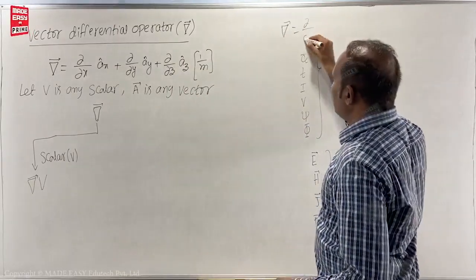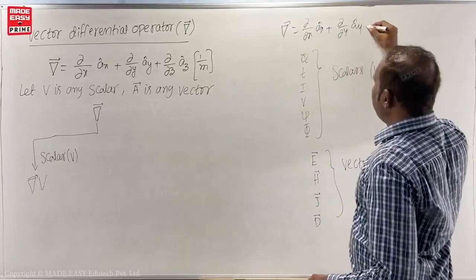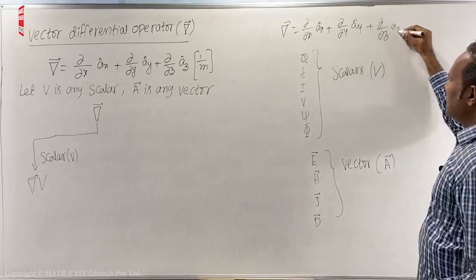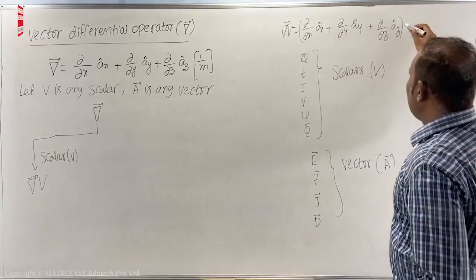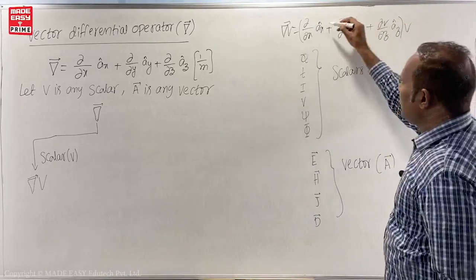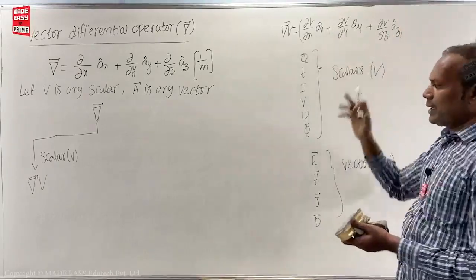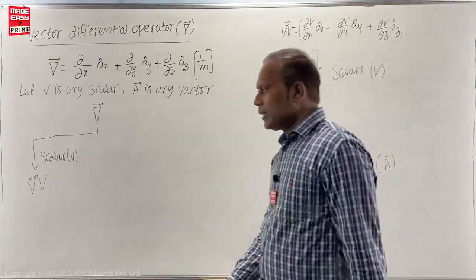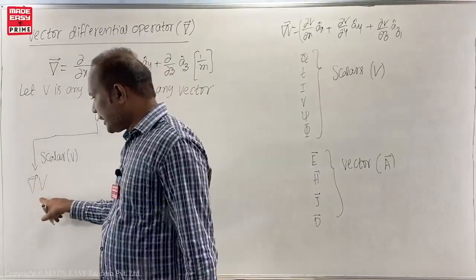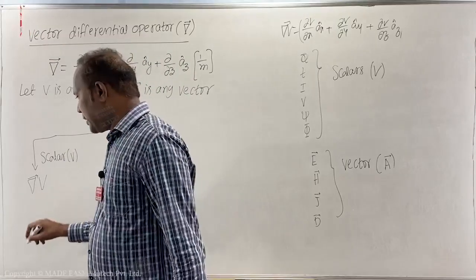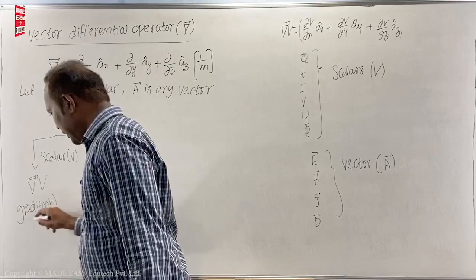Del bar means dou by dou x ax, dou by dou y ay, dou by dou z az, of V. That means you take V, and that V goes here, here, here. So once again it has direction, so that is why it is a vector. So this is a scalar you are operating, and once again the result is a vector. So this operation is named the gradient operation.